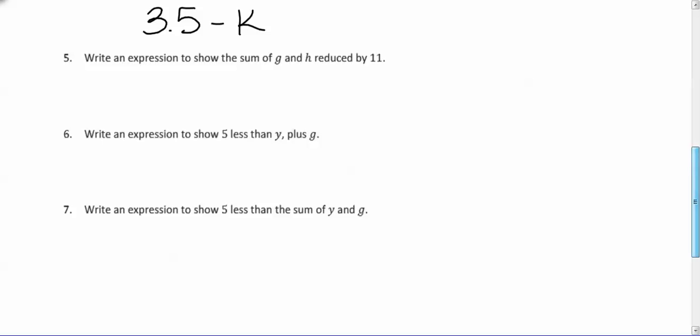Write an expression to show the sum of g and h reduced by 11. So we have two operations going on, but the first thing we need to do is do what, Colby? Beautiful. G plus h. And then we're going to reduce it by 11, so we're going to subtract 11 there. Now, the parentheses in this case, are they technically necessary?